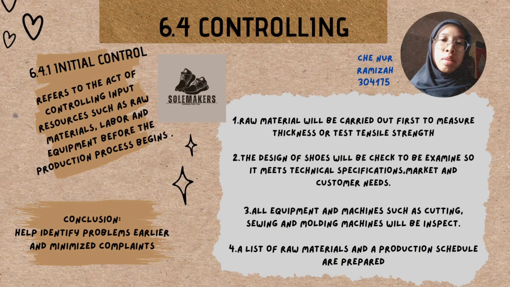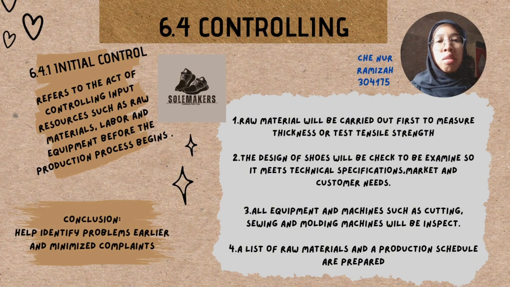First, raw materials will be checked to measure the thickness or test the tensile strength of the materials that will be used for the shoes. Then, the design of the shoes will be examined to see if it meets the specifications decided by the company, and if it meets the market and customer needs.